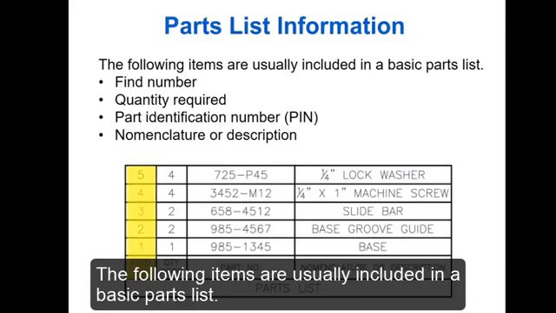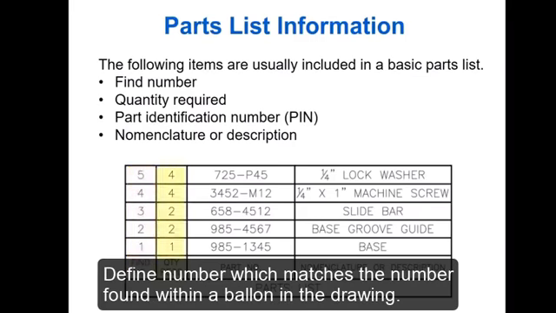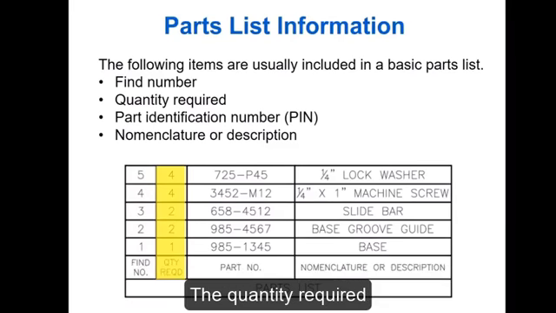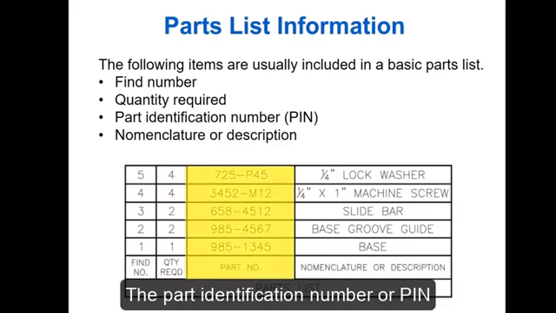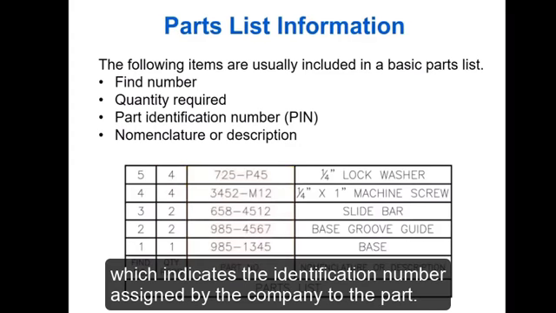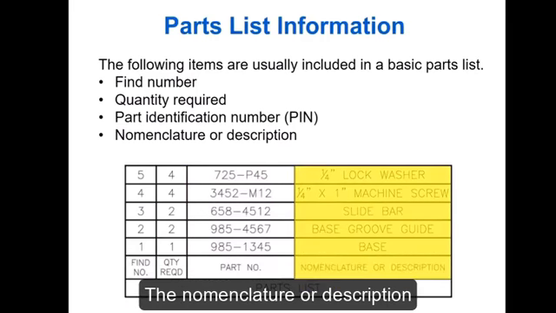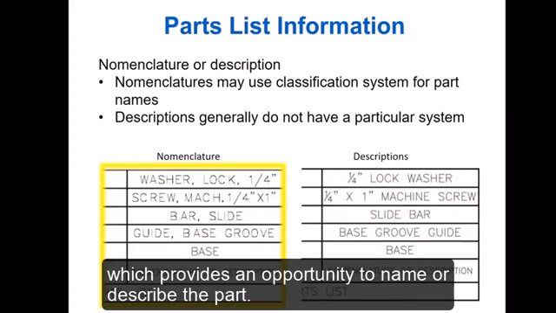The following items are usually included in a basic parts list: the find number, which matches the number found within a balloon on the drawing; the quantity required, which indicates the number of items needed within the assembly; the part identification number, or PIN, which indicates the identification number assigned by the company to the part; the nomenclature or description, which provides an opportunity to name or describe the part.